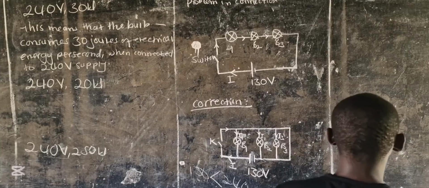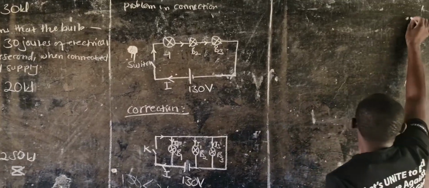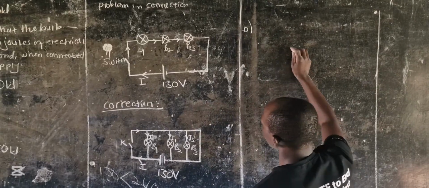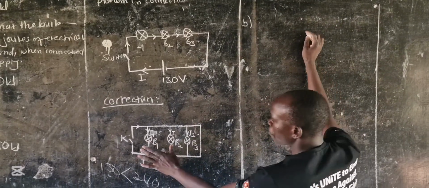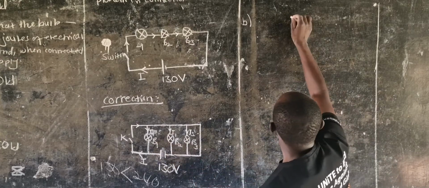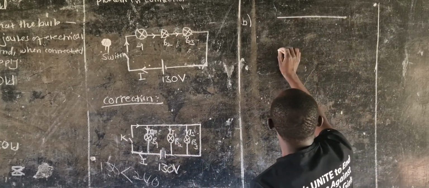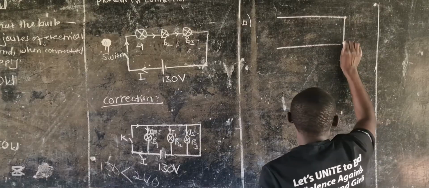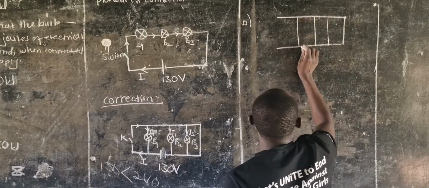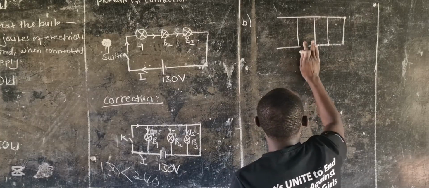So we can still diagrammatically showcase this. This is our part B. We already know, we've agreed that the parent is going to be using this parallel arrangement. So this is our parallel arrangement. These are the bulbs.